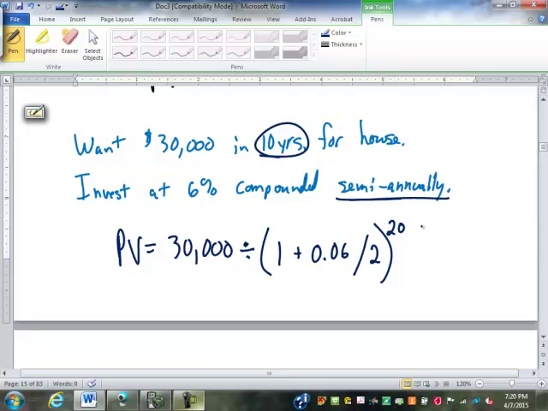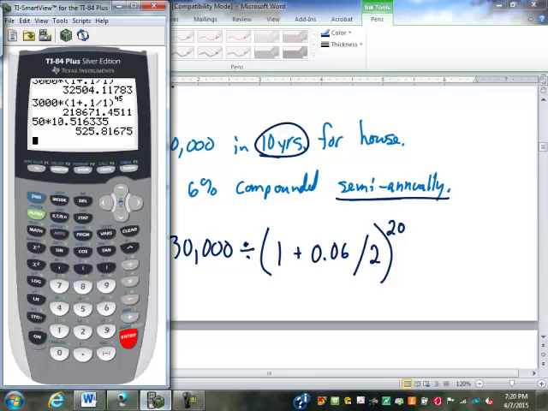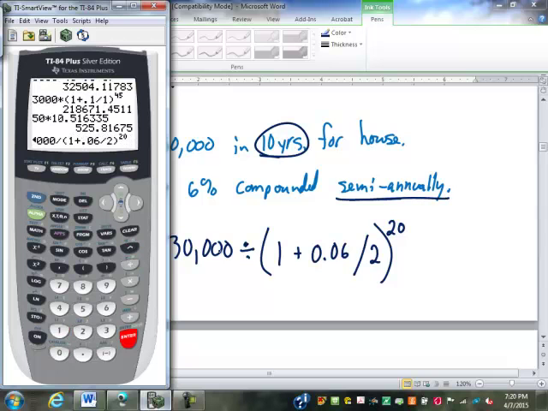Any questions? And this is divided because the future value is the 30,000. That's how much we want to have at the end. We need to know how much we need at the beginning to get there. So 30,000 divided by 1 plus 0.06 divided by 2 to the power of 20. $16,610.27.